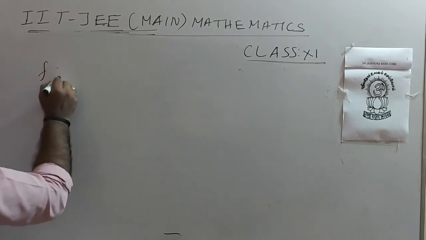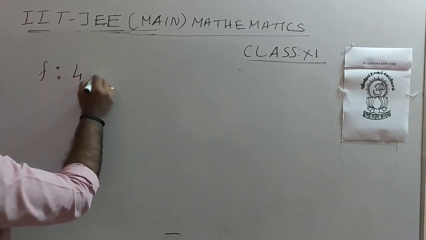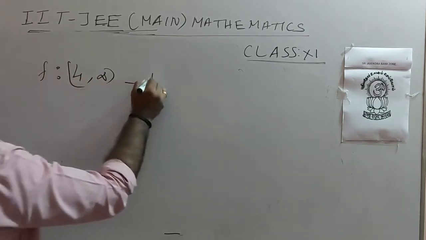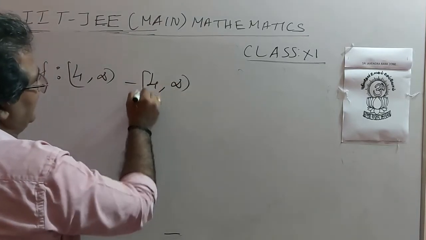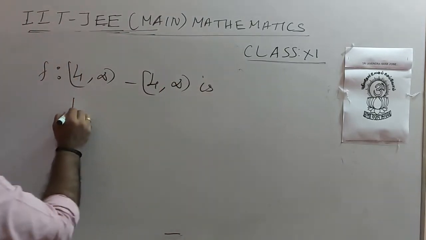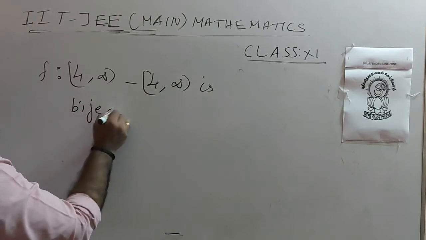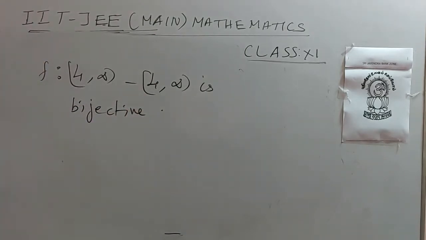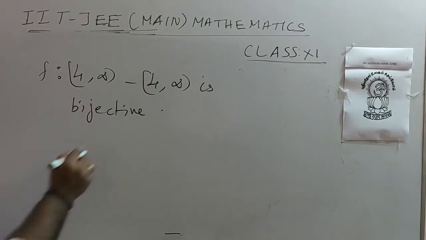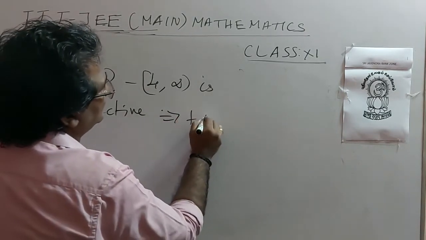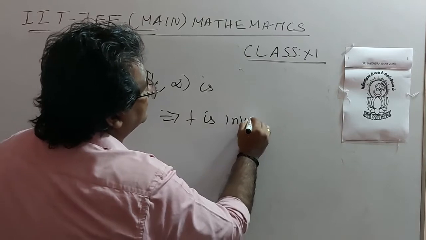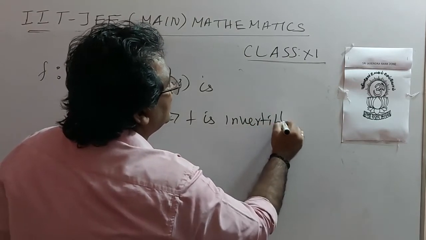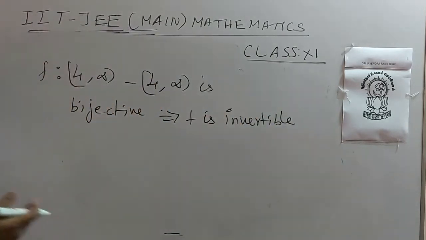So f from [4, infinity) to [4, infinity) is both one-one and onto. That means f is invertible, so we can find the inverse.